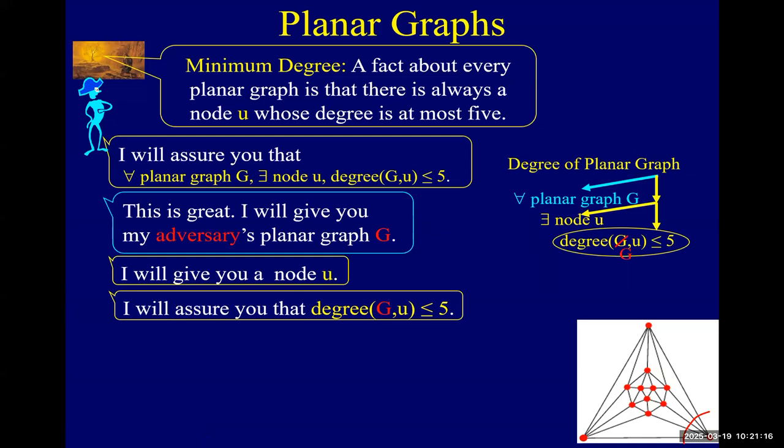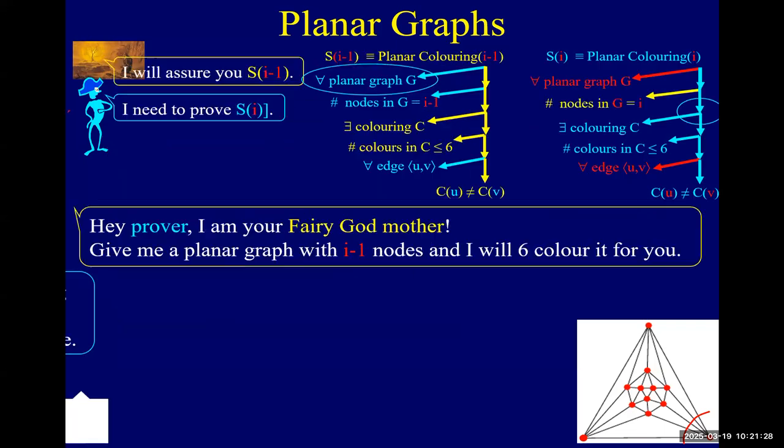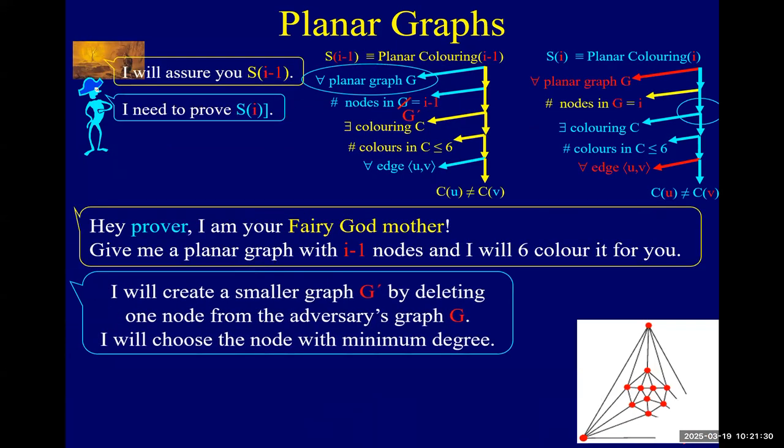Everybody see the game? The adversary gave me this graph of I nodes. I give it to this oracle. Oracle gives me a node of degree 5, right? We're just playing the game. All right, so now what am I giving her? I'm giving her this graph G prime that has I minus 1 nodes, right?